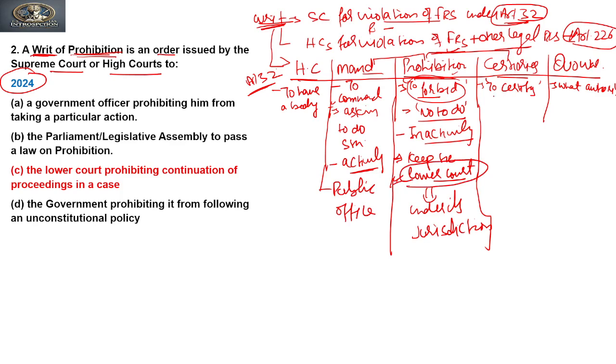Now if you see certiorari, it is an extension of prohibition, where prohibition is asking for inactivity, keeping someone from doing anything and keeping it within its jurisdiction. Certiorari is to certify.